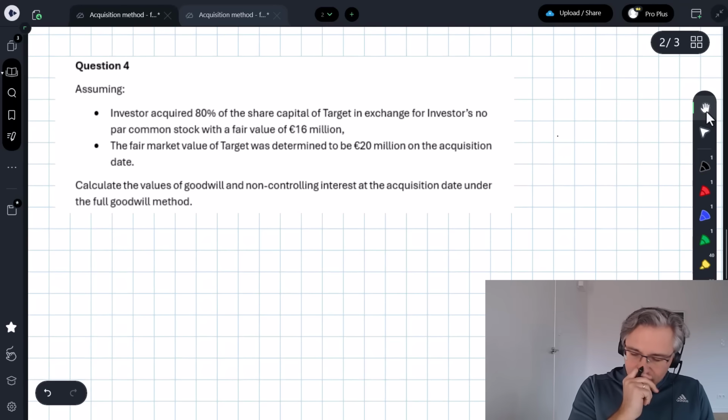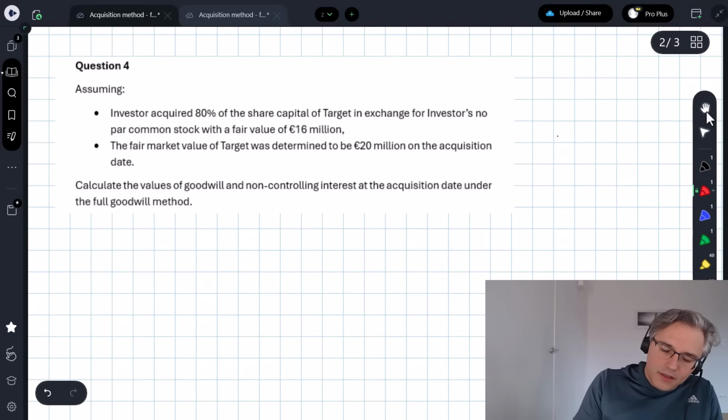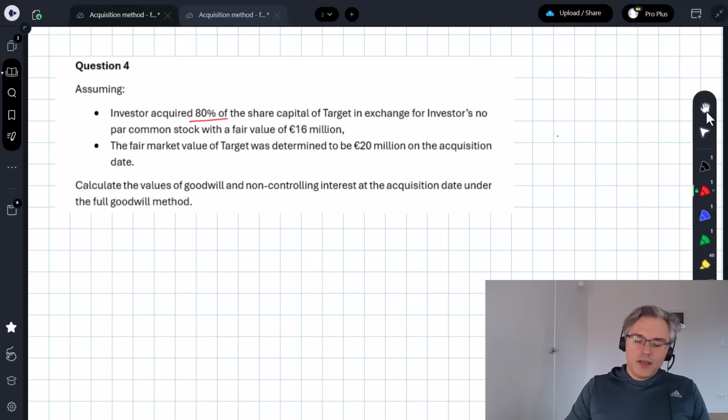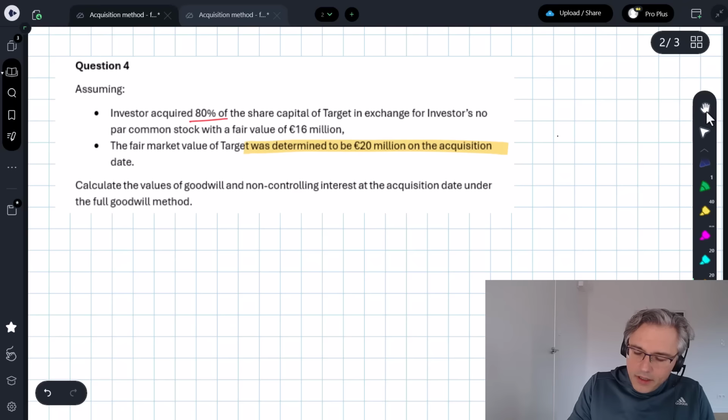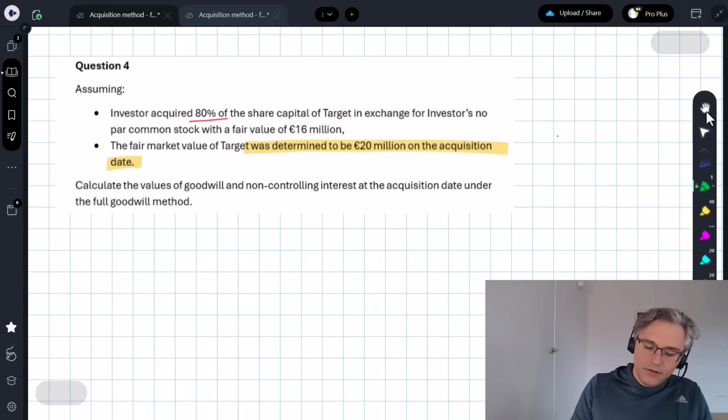Now, we're still going to assume that investor acquired 80% of the share capital of Target in exchange for investor's no par common stock with a fair value of 16 million. That doesn't change. The fair market value of Target was determined to be 20 million on the acquisition date. Finally, now, this piece of information will really be critical, and we are supposed to calculate the values of goodwill and non-controlling interest at the acquisition date under the full goodwill method.